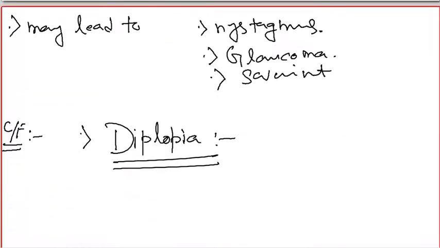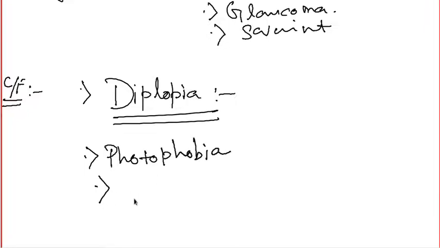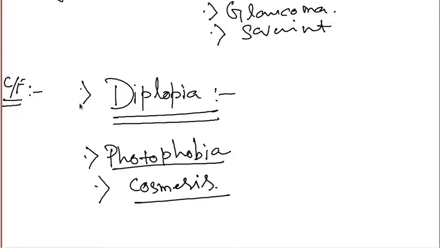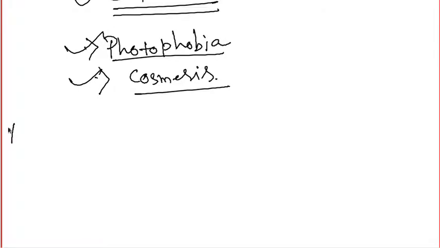Now second is photophobia, and the third is cosmesis. First is diplopia, second is photophobia, third is cosmesis. Now what is the treatment?